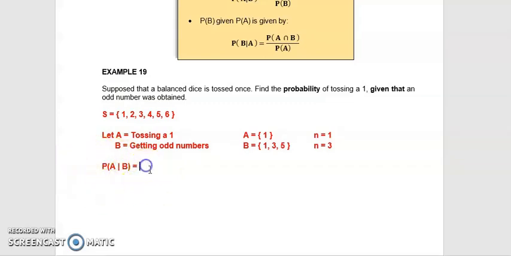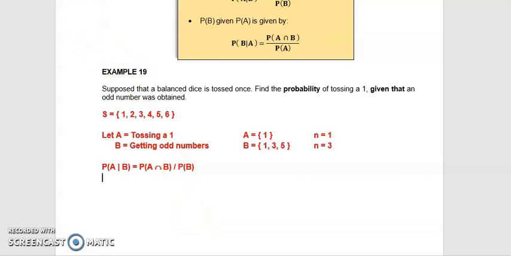We know that probability of A given B is equal to probability of A intersect B divided by the condition, which is B, so divided by probability of B.